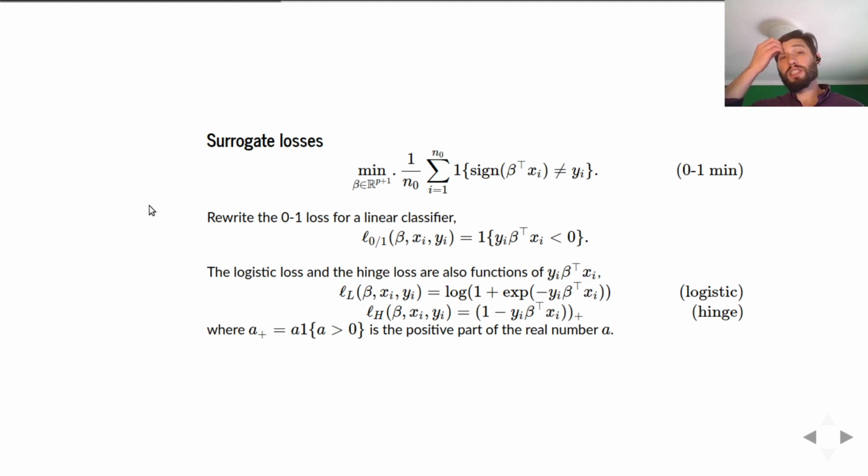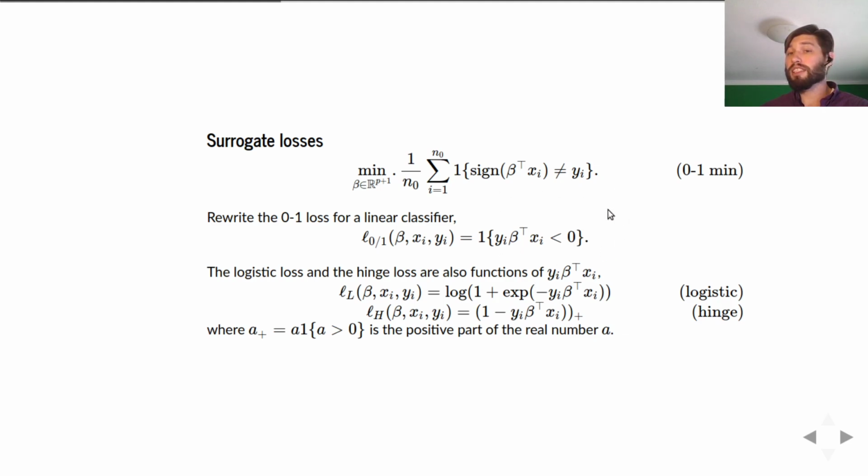So the way that we deal with this is we just rewrite this 0-1 loss in the following way, and then we think about how we can create surrogates to this loss, and we call this a surrogate loss. So let's rewrite this 0-1 loss for this linear classifier. The 0-1 loss here is based on beta and of course xi and yi, the data, and let's just write it as the indicator that yi times beta transpose xi is less than 0. And we can see that this is exactly the same as what we have above.